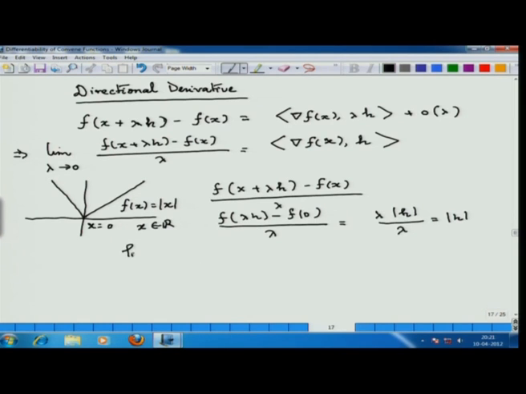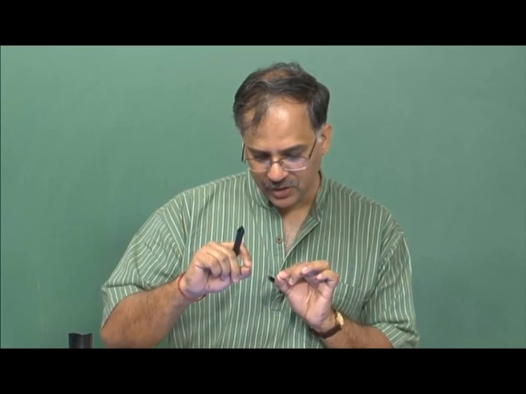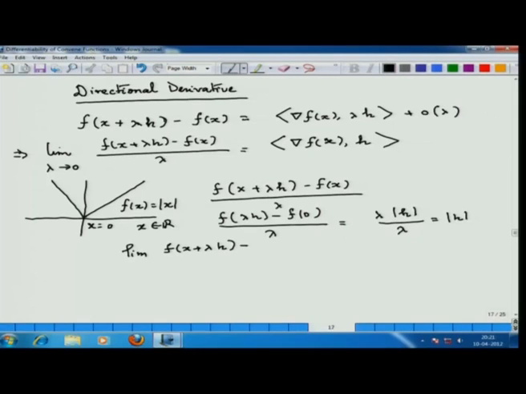So, what I have done is I have made an increment along a given direction h, along a given vector h. I have moved from x a little bit along a vector h. This sort of derivative is usually called the directional derivative. Now, if the function is differentiable, then the directional derivative, as you can see from the Taylor's expansion, is equal to the inner product of the gradient and the direction.